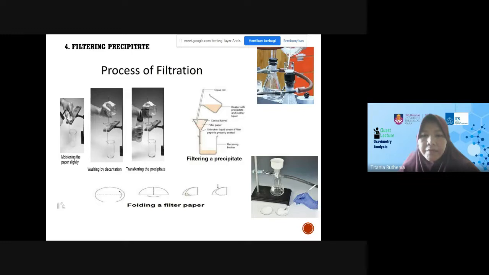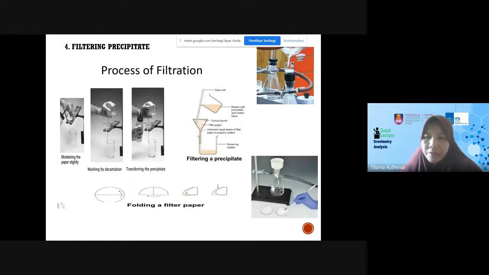This is the conical funnel, and we have the filter paper here, and it will separate the precipitate and the liquid. This is the normal or manual way, and also we can use the vacuum so that it will help the filter process become faster.